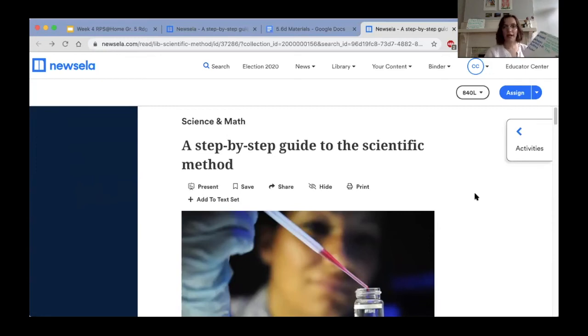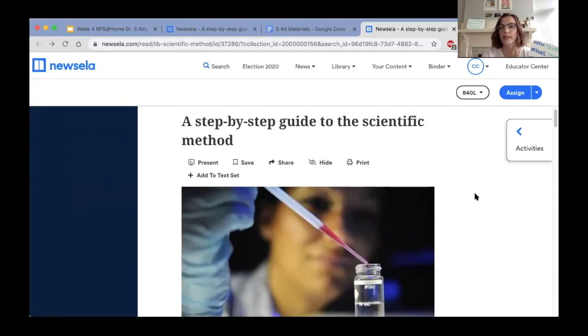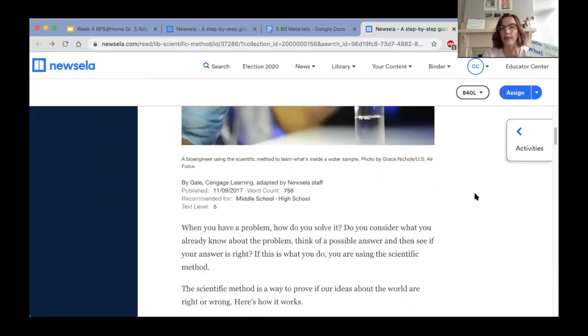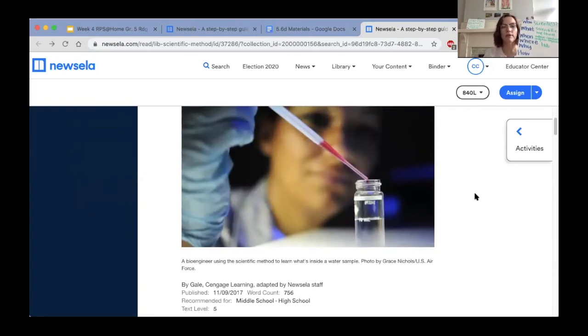And as our why, we'll want to think about if there is a specific part of the text where it justified the use of this procedure. I can think of a part in about the first couple paragraphs where they had a great quote. I want you to take just a minute to look and see if you can find a quote that gives us a good why for the scientific method, why we should use it, or why they would want to teach us about it.